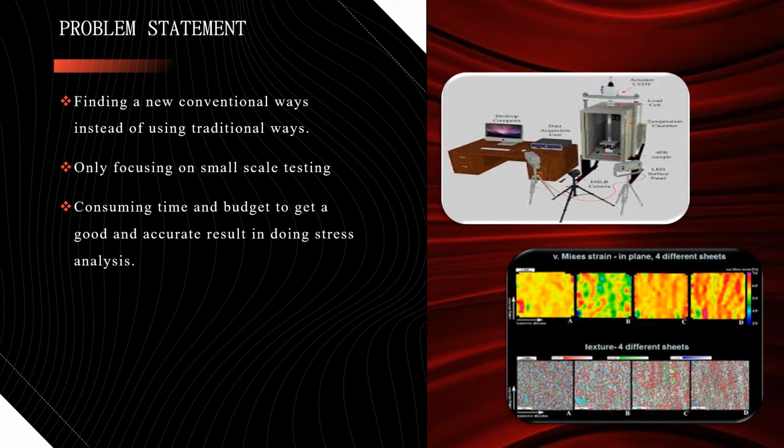The observed surface will have to be flat, plane and level, where the photographic lens optical axis must be set perpendicular to the measured plane, and the source of light must be very mild and steady. And also, the preparation of DIC is quite time consuming and costly because we need to prepare the testing materials just in order to get a good and accurate result in doing stress analysis. So that is the problem statement that we will counter in this thesis.